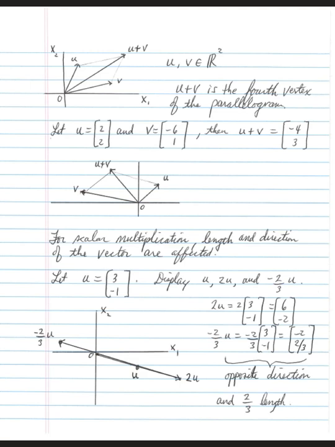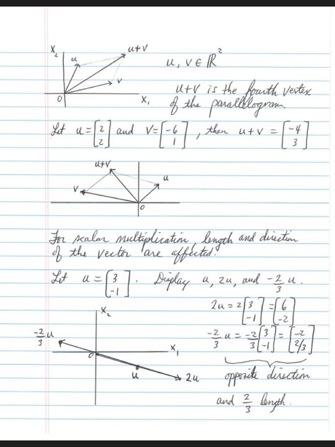For scalar multiplication, length and direction of the vector are affected. For example, if we let u be the vector 3, negative 1, right 3 down 1. Here's vector u. 2u would be the same direction, but twice as long. 2 times the length of vector u.